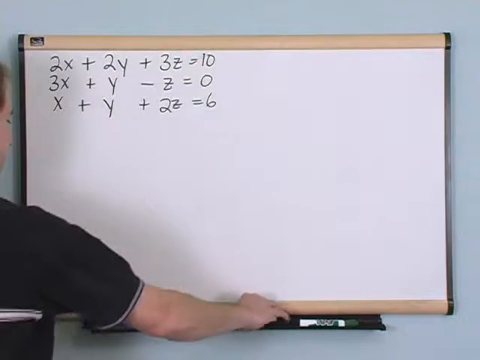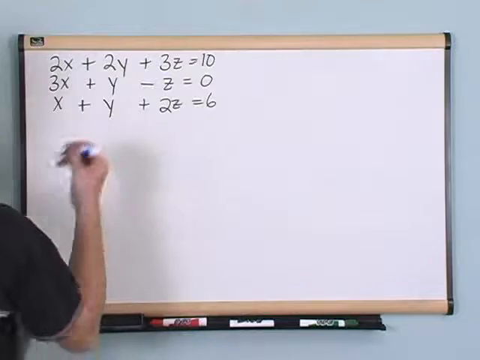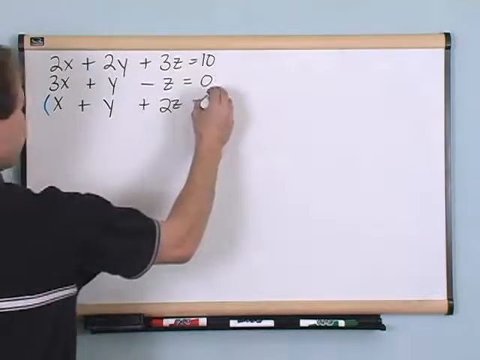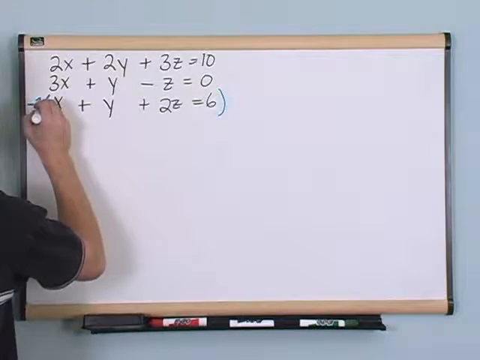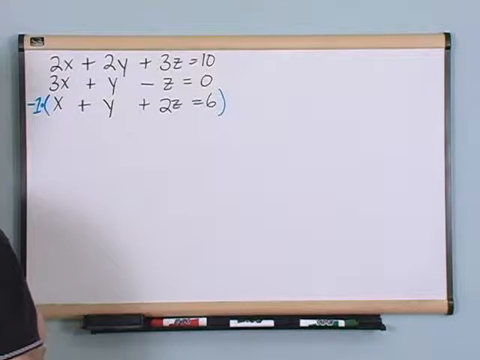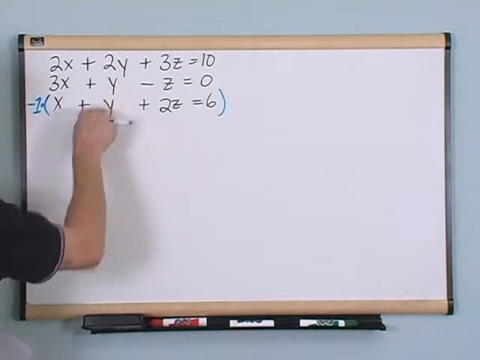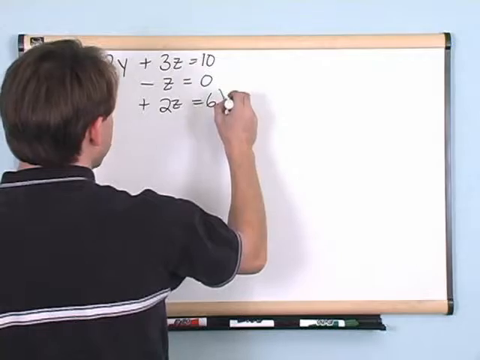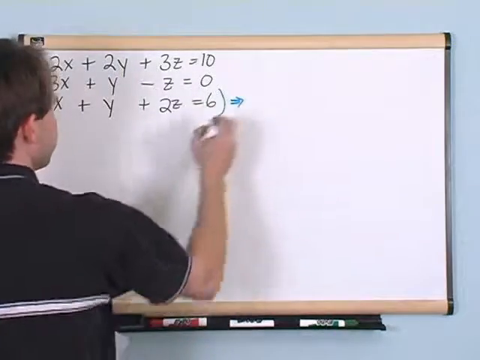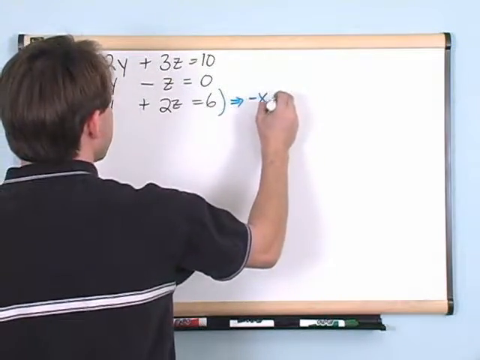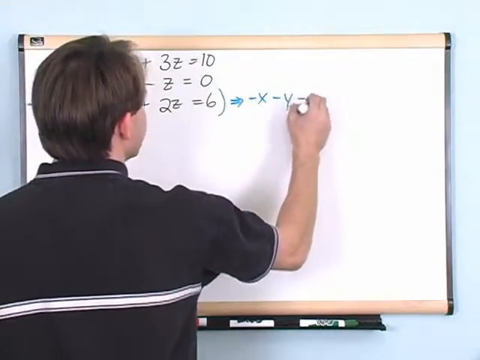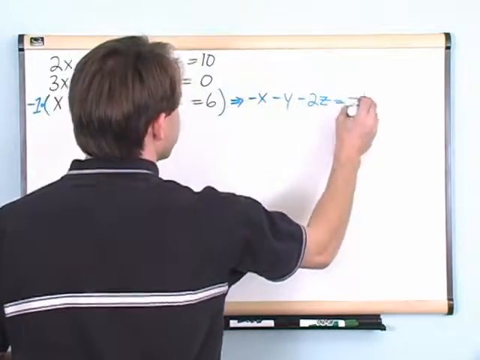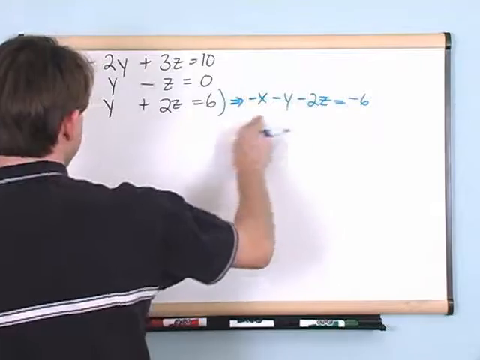So I can use that to my advantage. Let's say I'm going to multiply this equation by -1. And I can use that to cancel out that y. So if I do that, I'm going to get -x minus y minus 2z equals -6. So that's my new equation.